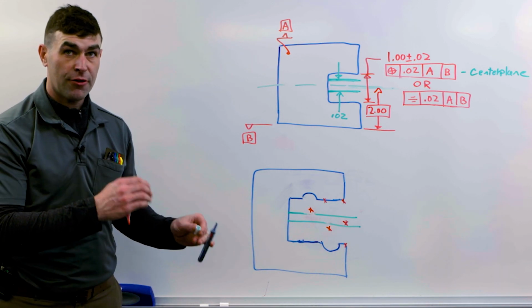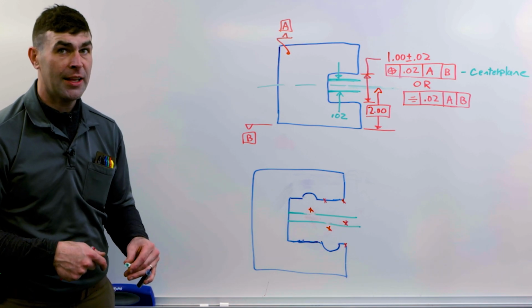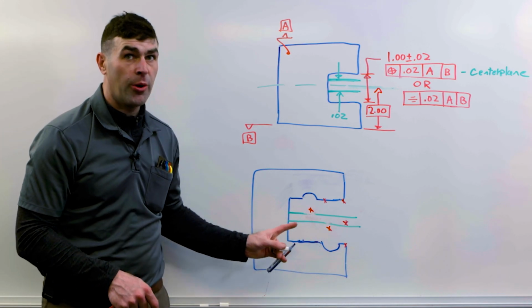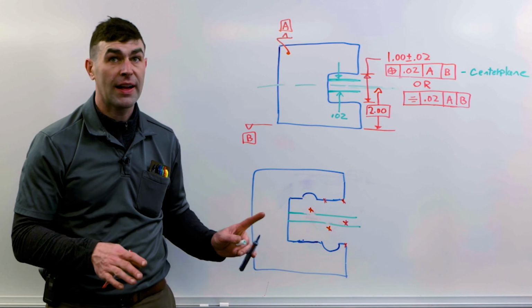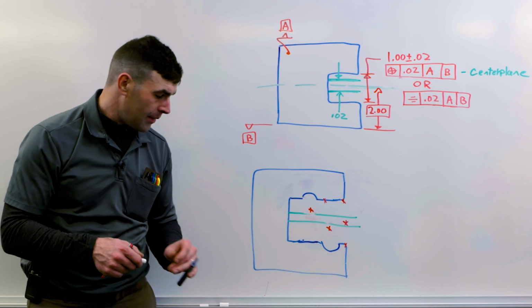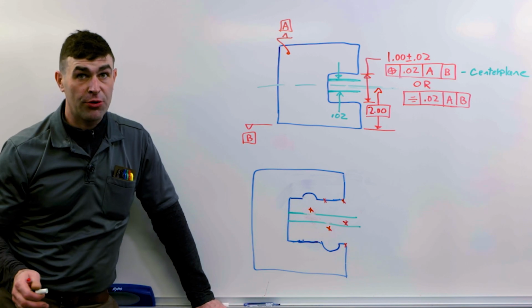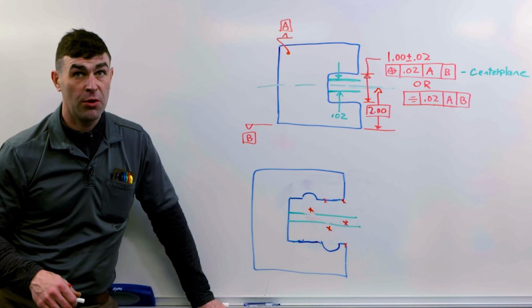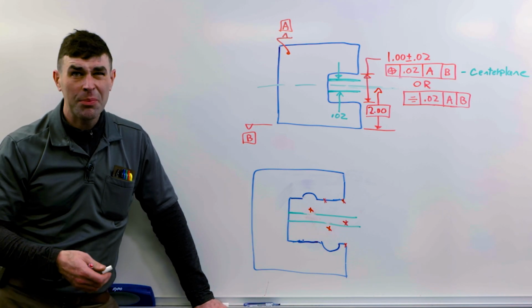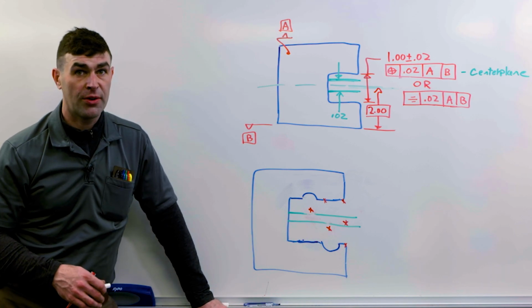But if I checked it for position with the unrelated axial mating envelope, this has no effect, okay? No effect at all. So in my opinion, symmetry, I've never seen a situation where it really needed to be used, where you couldn't use position and profile and some other geometric controls.